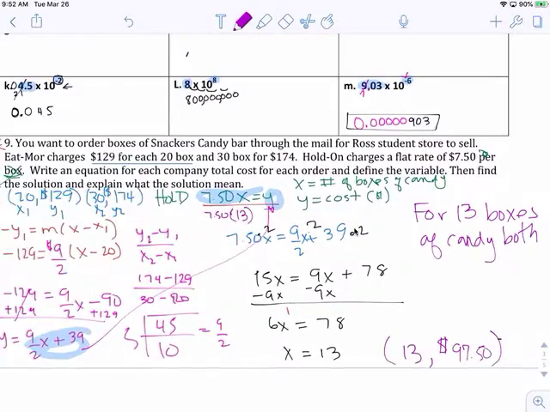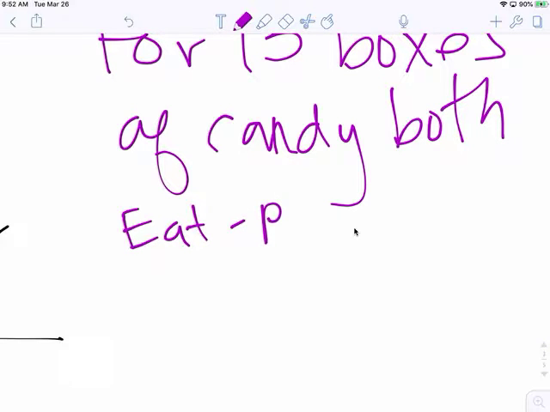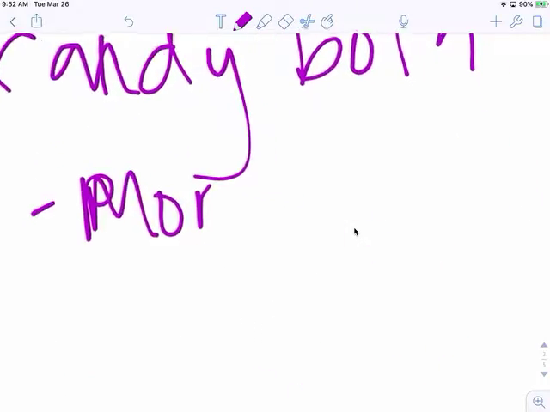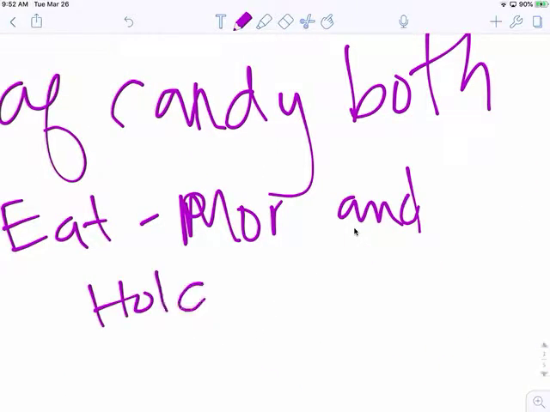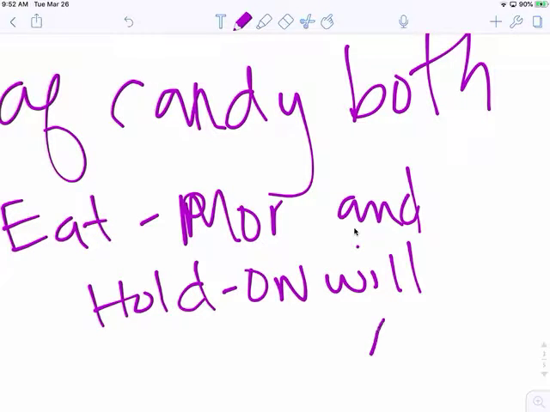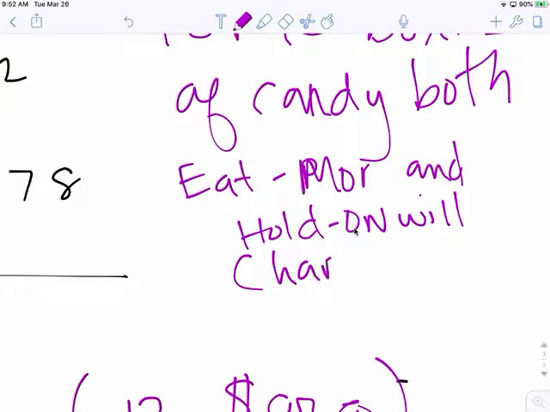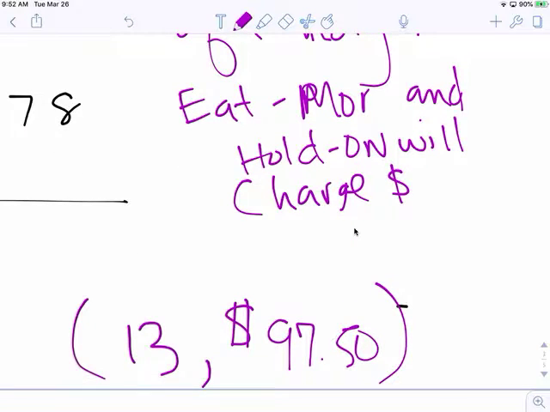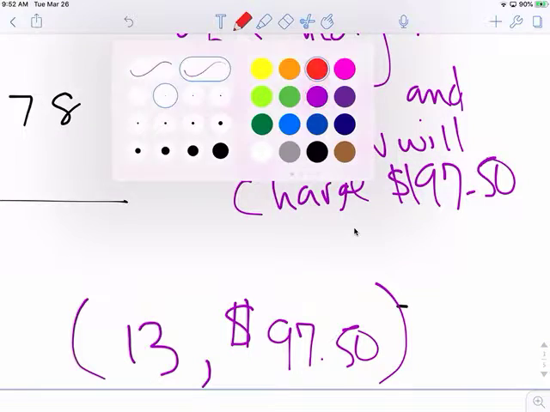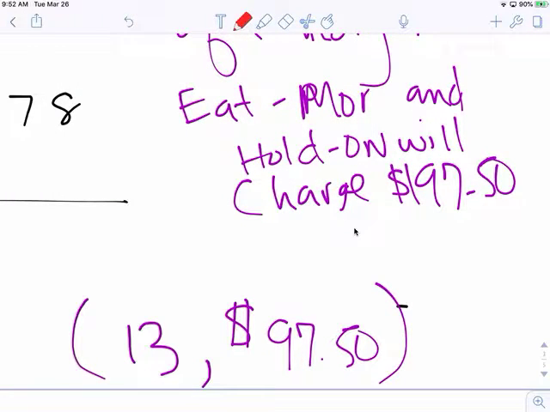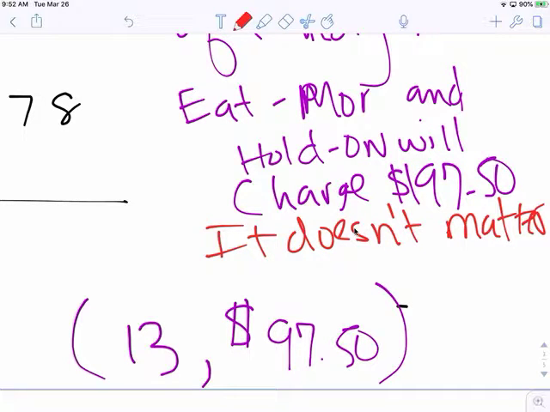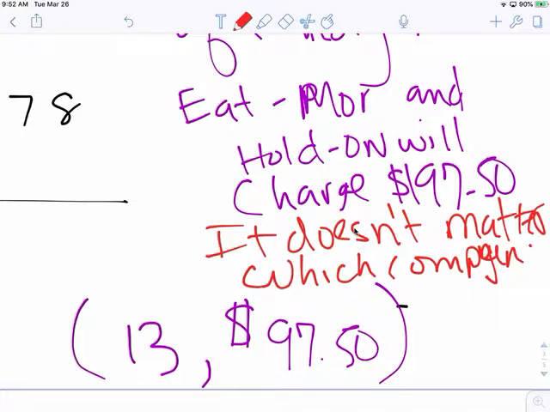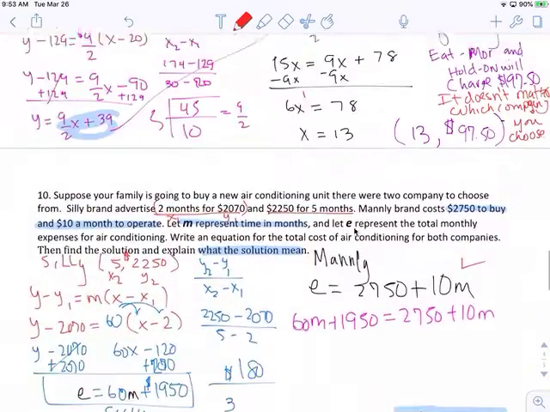So it does not matter which company you choose at this point. Okay, period. Okay, and then we did all the other ones.